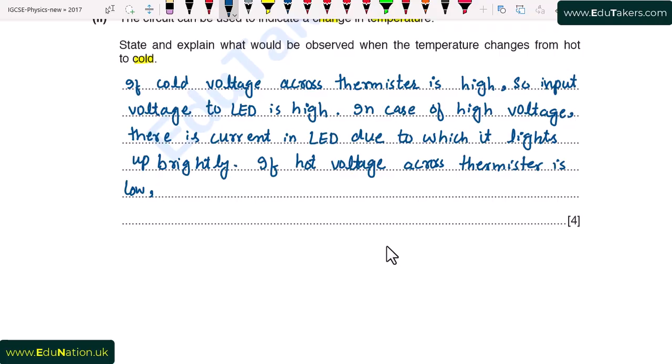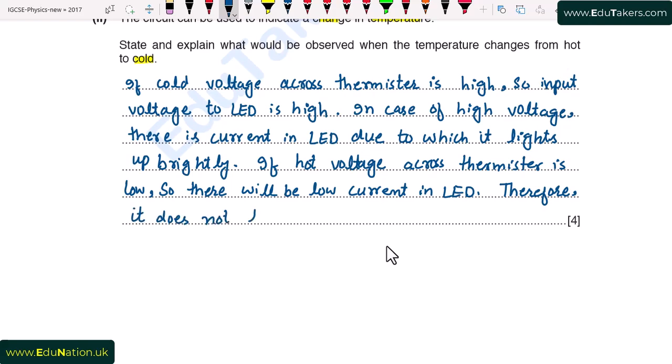So in the case of low voltage, there is low current in the LED. Therefore, it does not light up or would be very dim.